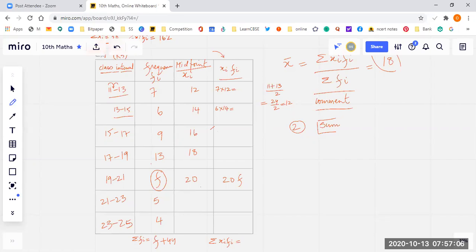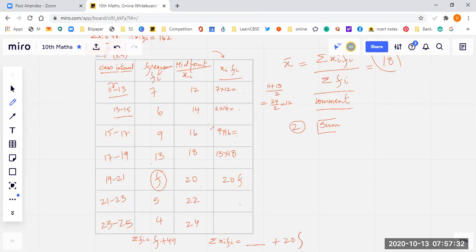Then you do 9 into 16, then you do 13 into 18. And the midpoint here is 22, and here is 24. You'll simply multiply these and get all the values. Just add the first four, don't add 5 and 6. Write the answer plus 20f.